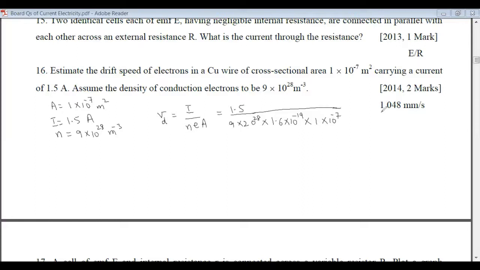On simplifying it, you will get the answer to be 1.048 millimeter per second. You will get it in meter per second, which you can convert to millimeter per second. So the answer is 1.048 millimeter per second.